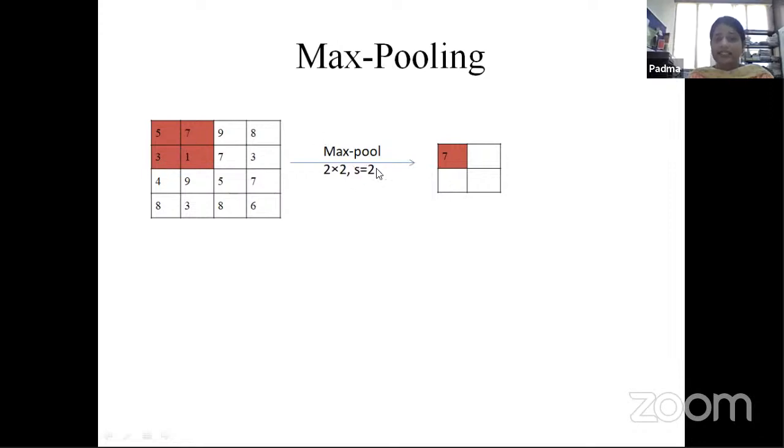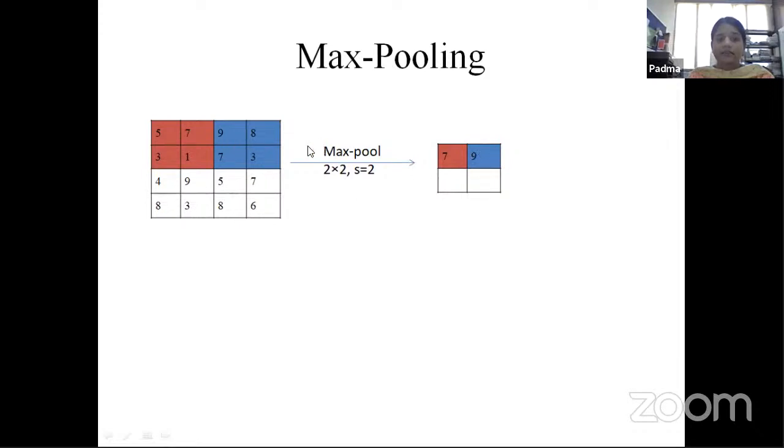Similarly, as the stride rate is 2, instead of moving on this particular part of the input image, we will be computing the max pool on this particular part of the input, right? Because the stride rate here we have considered as 2. So whenever we take a stride rate of 2, again among these 4, the maximum value would be moved forward, like this. 9 would be carried forward.